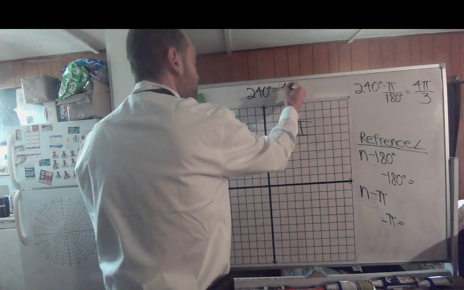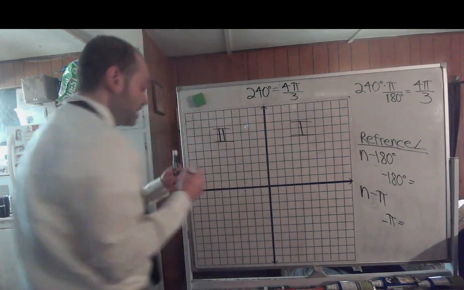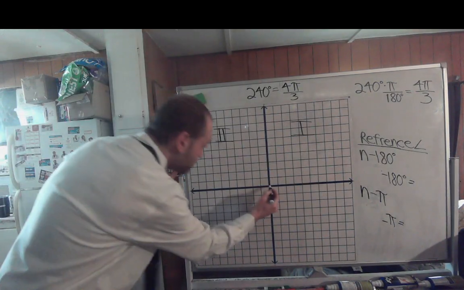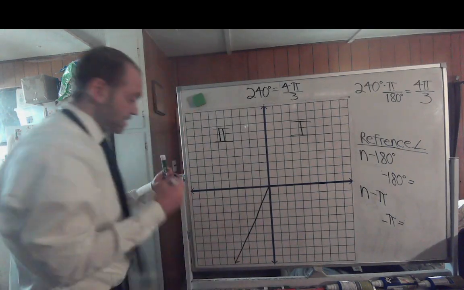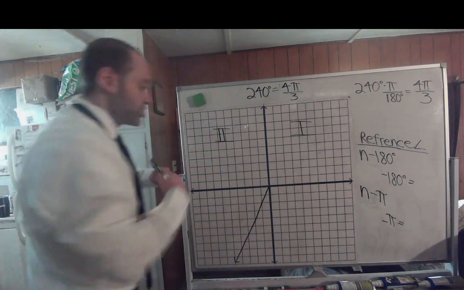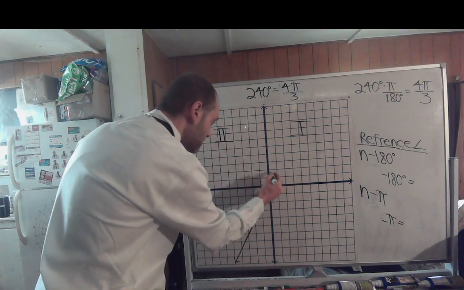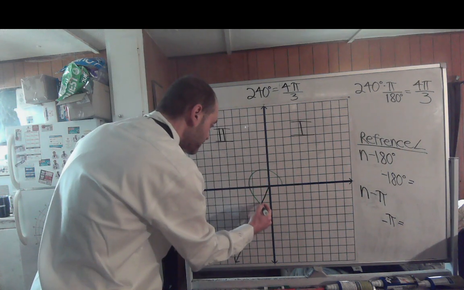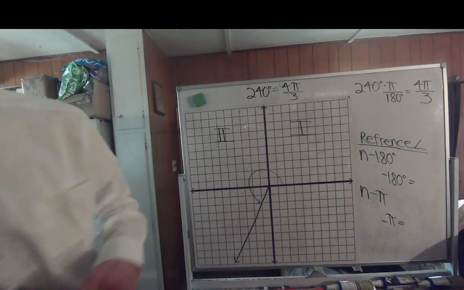So 240 degrees is the same as 4 pi over 3 radians. So that's going to look roughly like this. We're going counterclockwise because it's positive. And there's your 240 degree angle.